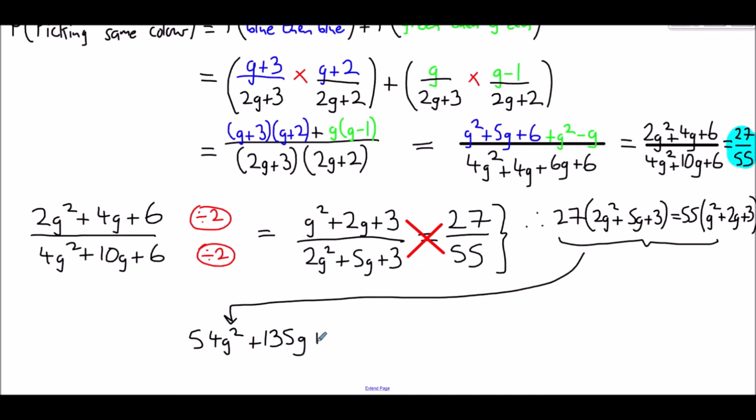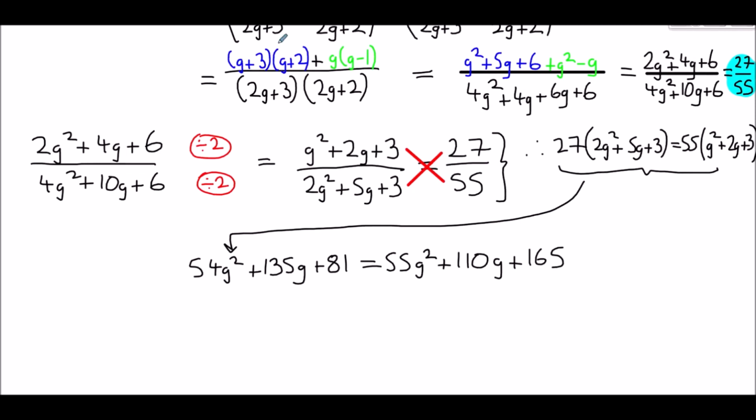And 27 multiplied by 3 gives us 81. On this side, 55 times g squared is 55g squared. 55 times 2g, that's 110g. And 55 multiplied by 3 gives us 165.